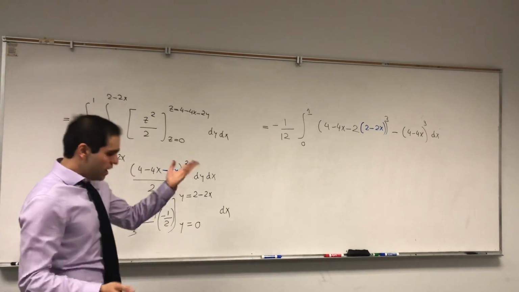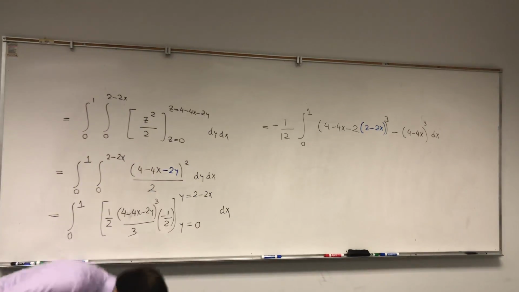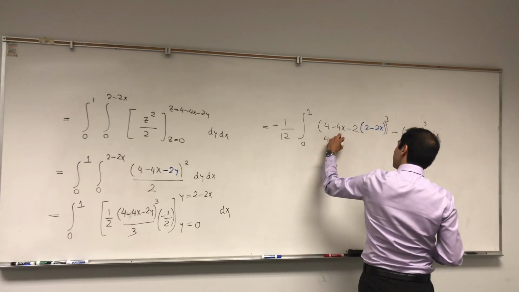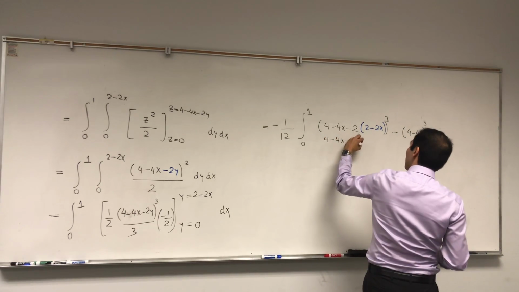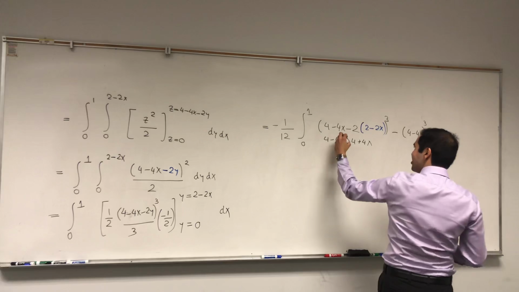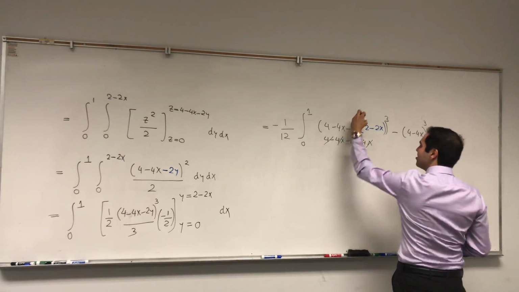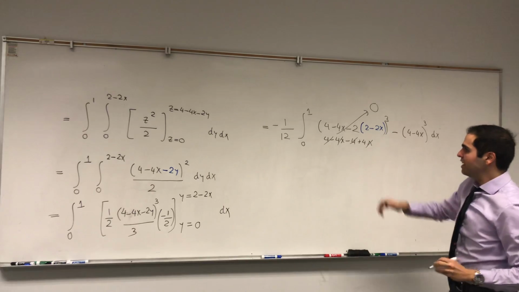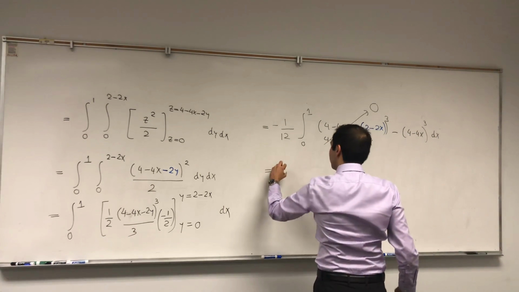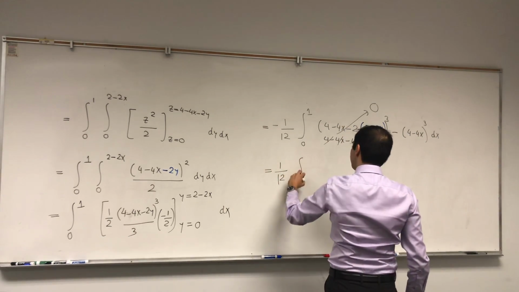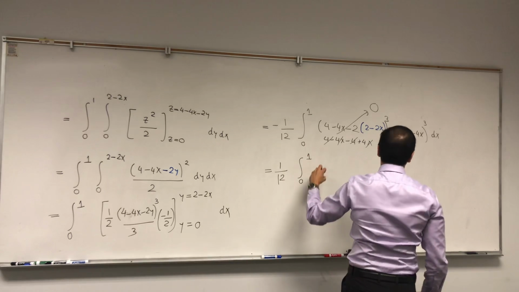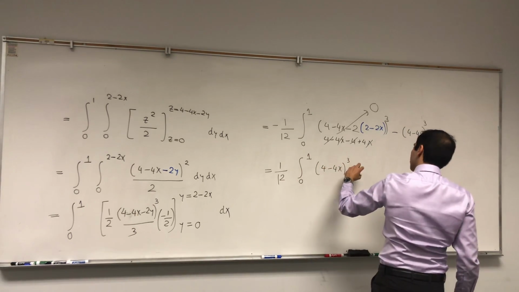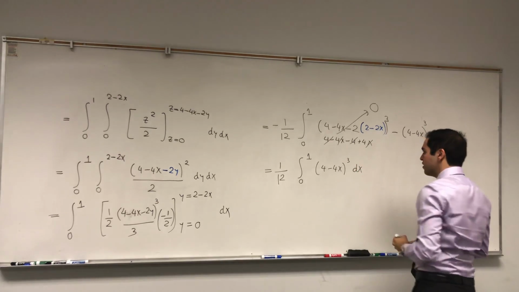Again, minus 2 times 0, so that's why 4 minus 4x. Notice what's happening here. We have 4 minus 4x minus 4 plus 4x, which just cancels out. So this thing actually disappears and becomes 0. And then minus minus is plus. So it's 1/12 times the integral from 0 to 1 of (4 minus 4x) cubed dx.